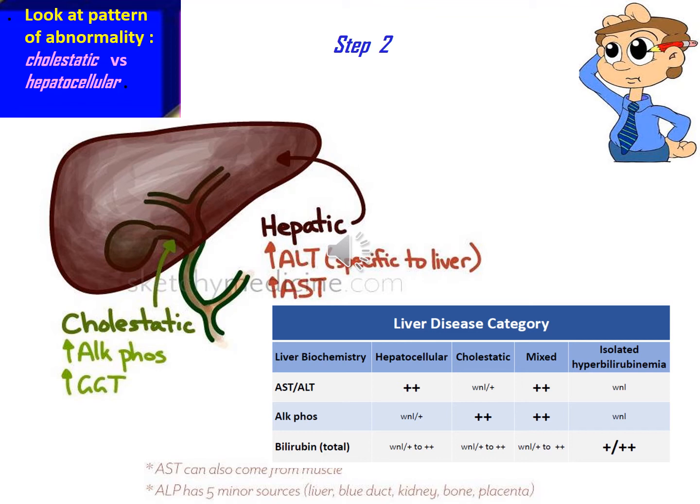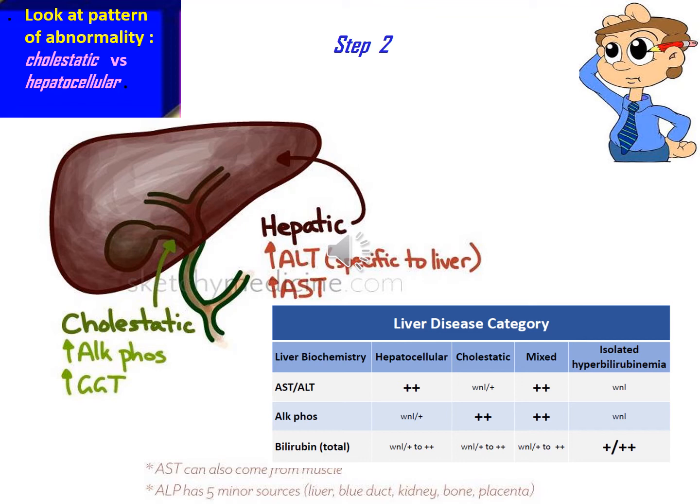Just let me ask one question. Where is bilirubin? I can put bilirubin in any site. I can put it in the cholestatic group, it will be okay. And I can put it in the hepatic group, it will also be okay. So this is very important.